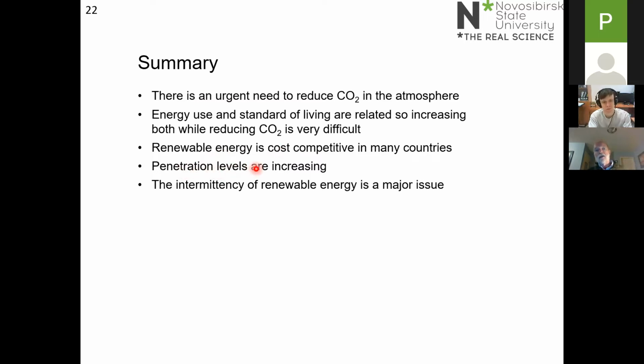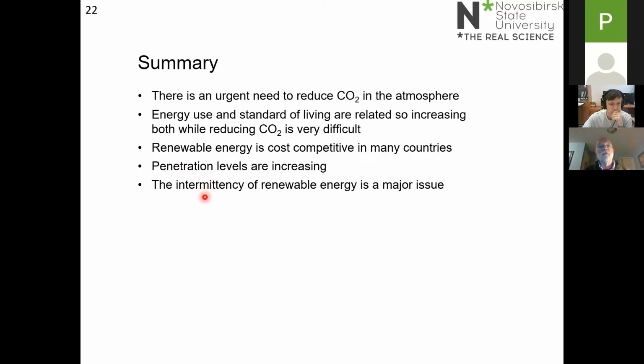Again, I haven't given you any data on that, but the reference material that I posted on Google Classroom has that information. So we're getting more slowly, far too slowly, in my opinion, but we are getting more and more renewable energy in the world's electricity system. And the technical way of saying that is that the penetration levels are increasing.